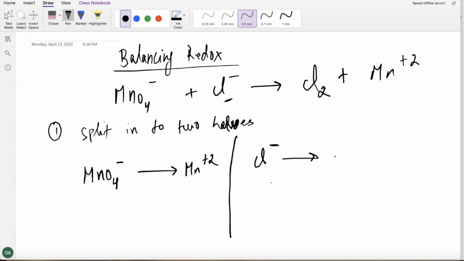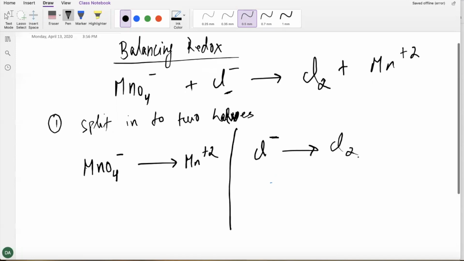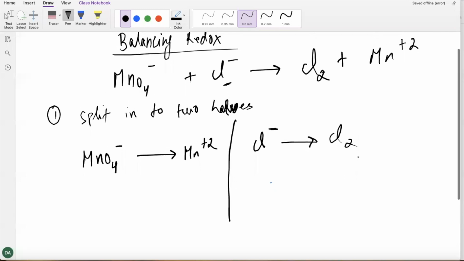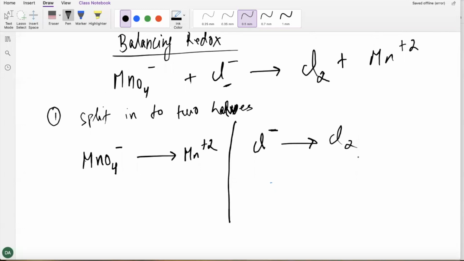It changed to what, guys? Cl2. Does this very first step make sense, guys? What we did is we just picked the similar molecules or atoms or ions, and we split them into 2 halves. Okay? So this is basically called the half reaction method, guys. Half reaction method.